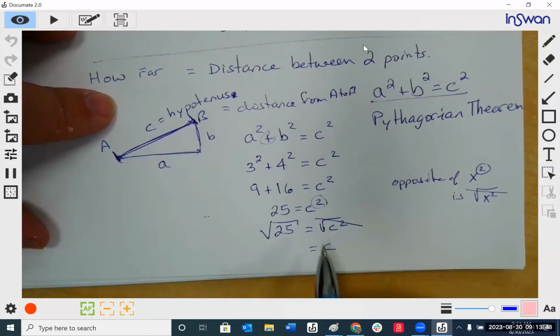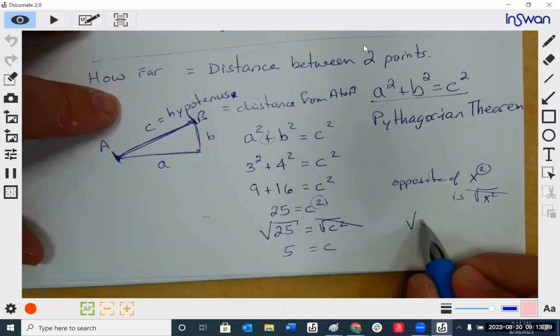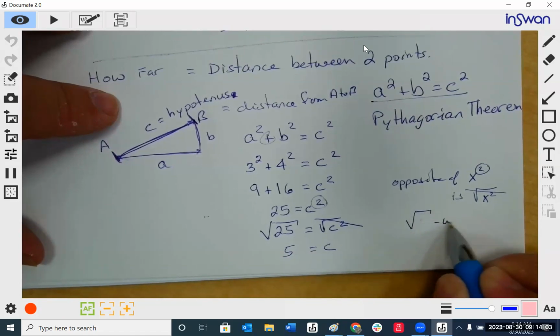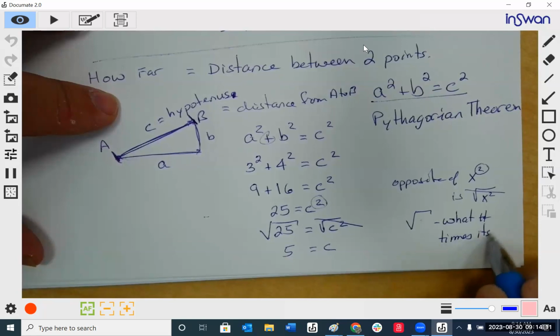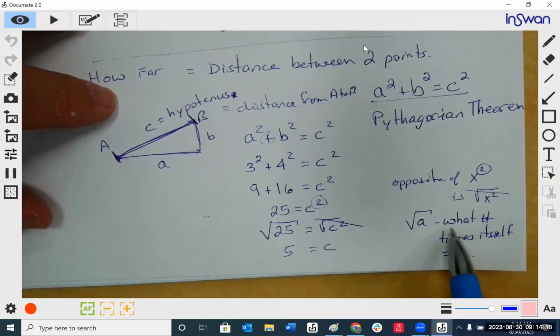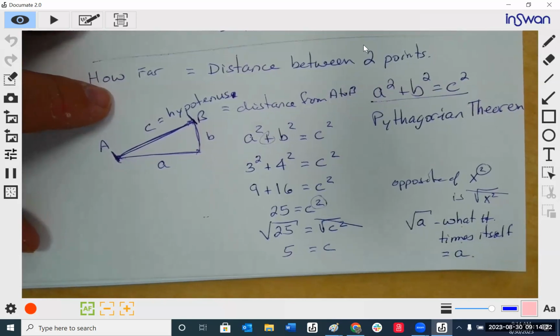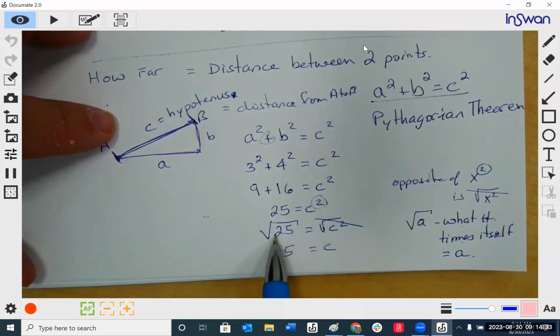Square root of 25. Does everybody know what the square root means? The square root is looking for what number times itself equals A. The square root of A means what number times itself equals A. So this is A, square root of what number times itself equals 25? 5 times 5 is 25.